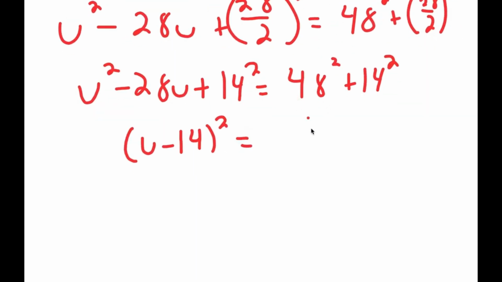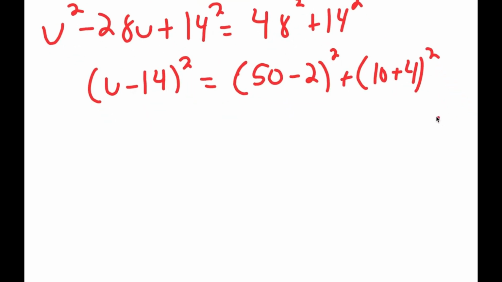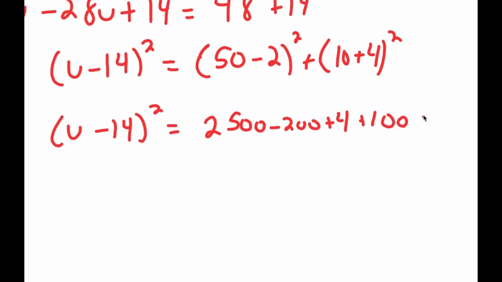which is equal to 48 squared, which I'm going to rewrite as 50 minus 2 squared, and 14 squared I'm going to rewrite as 10 plus 4 squared. Now from here, u minus 14 squared is equal to 2500 minus 200 plus 4 plus 100 plus 80 plus 16.